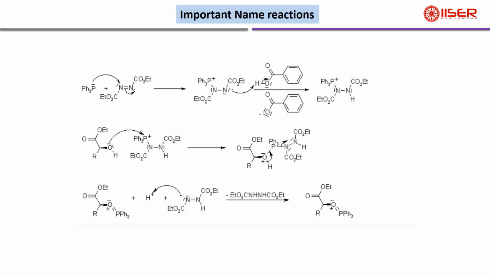Then this negative charge will take a proton from the nucleophile, and it will activate our nucleophile. After that, the alcohol oxygen will attack this phosphorus, similar to the Appel reaction, and will eliminate this from the system.